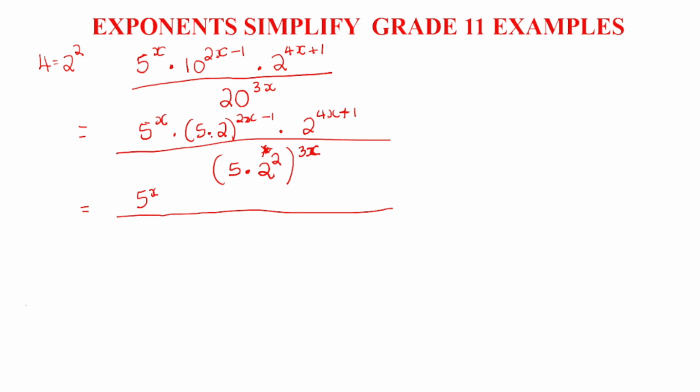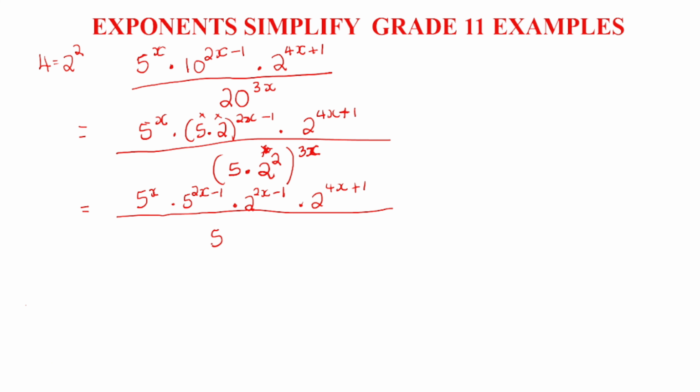The rule says if you've got 5 and 2 multiplying each other to the power of something, that can also be written as 5 to the power of x minus 1, and also 2 to the power of x minus 1. And then here you just write 2 to the power of 4x plus 1 as it is. Same thing applies at the bottom.